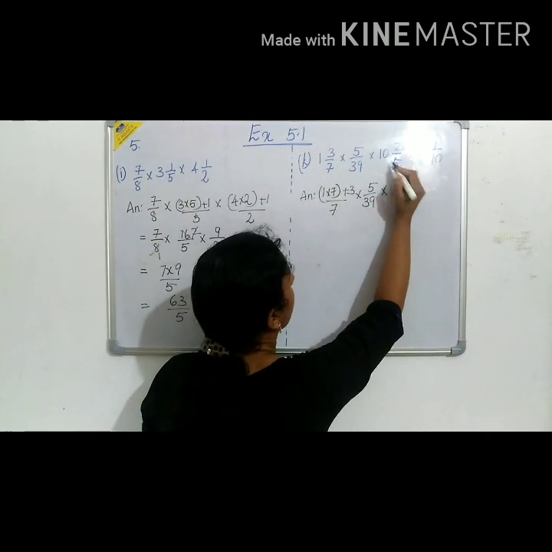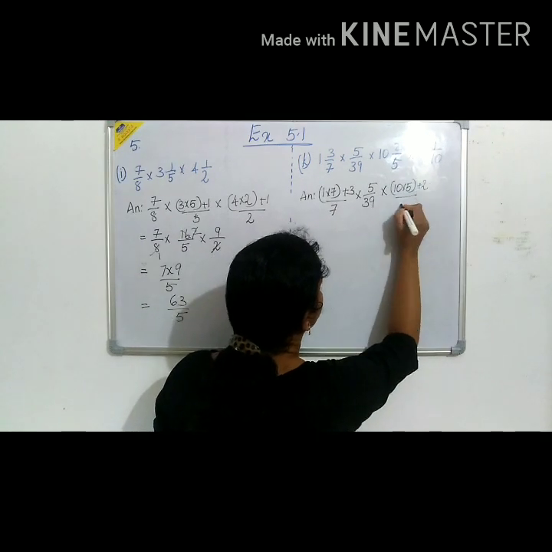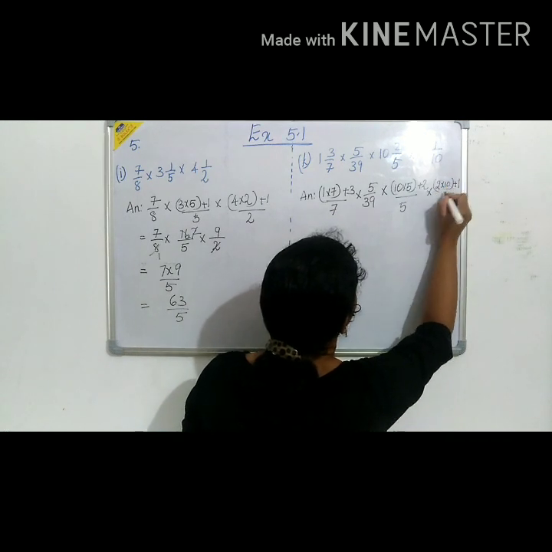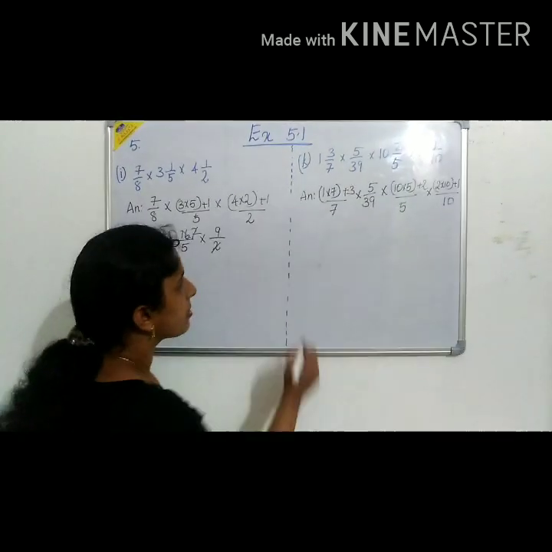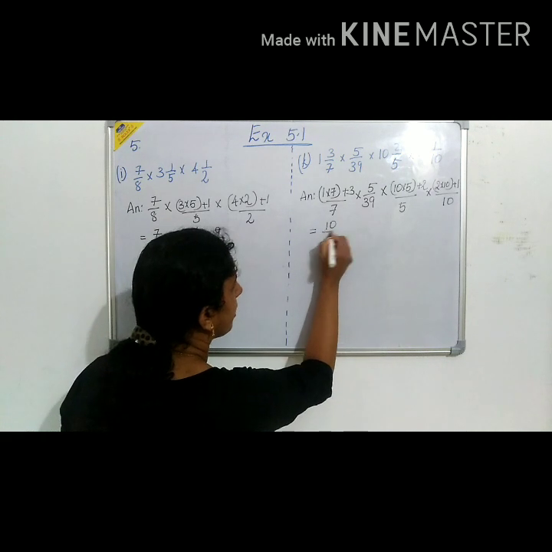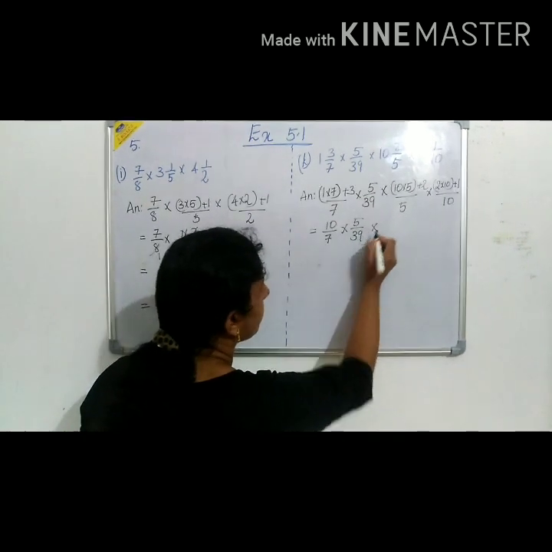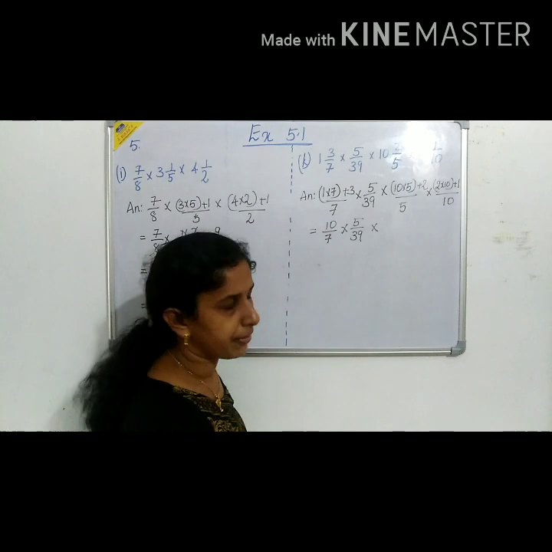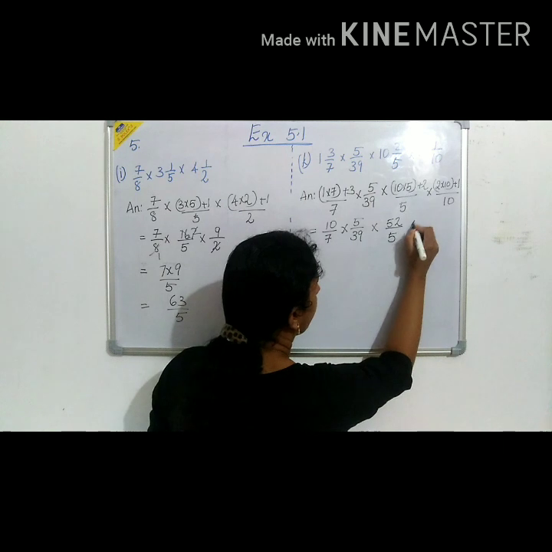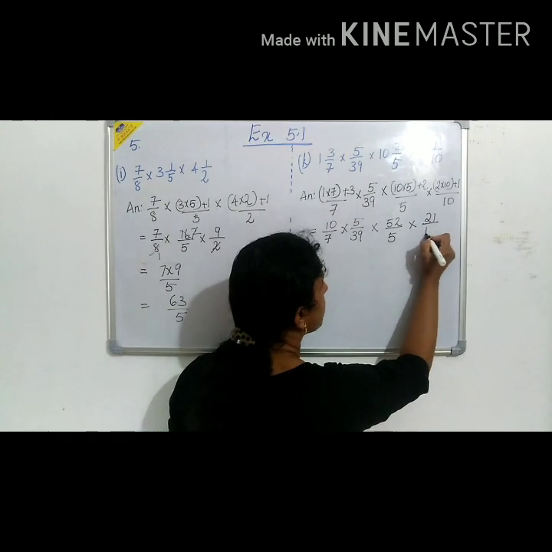Now into 10 into 5 plus 2 by 5 into 2 into 10 plus 1 by 10. Now this is equal to 1 into 7, 7. 7 plus 3 become 10. 10 by 7 into 5 by 39 into 10 into 5, 50. 50 plus 2, 52. 52 by 5 into 2 into 10, 20. 20 plus 1, 21 by 10.